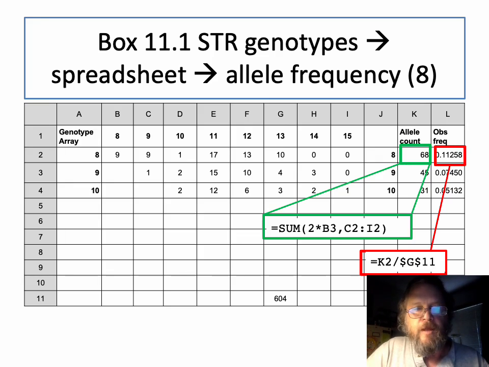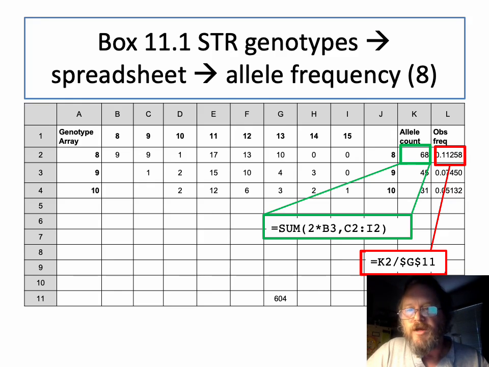And then within the cells, those are how often the genotype was observed. So to get the number of 8 alleles, this is the p squared, the homozygote, so we're going to count that twice. And then we get the alleles from the rest of the cells on that row.